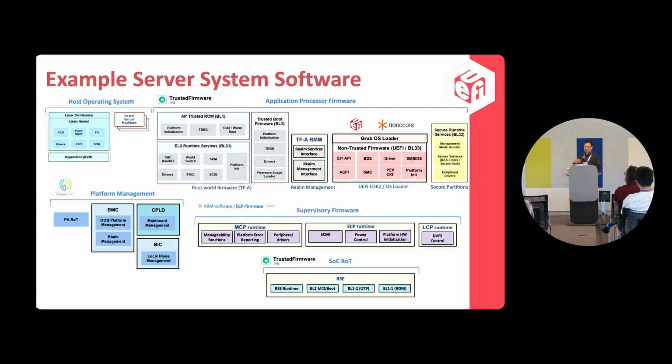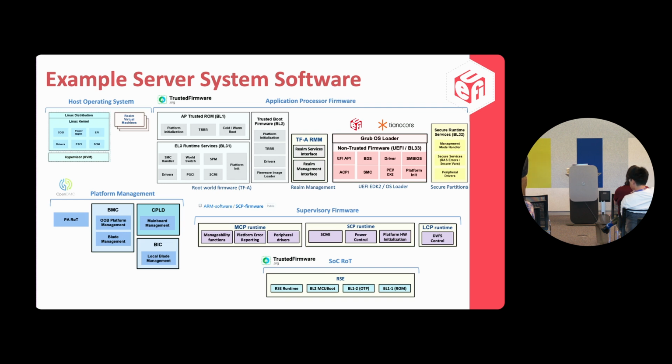Right, so I'm not going to talk too much about this one. I was hoping to show you as an example, but I think in one of the earlier sessions, Samuel actually had this diagram as well. So UEFI, ACPI, EDK2 is only part of the system firmware pieces, right? We have the BMC on the server side.